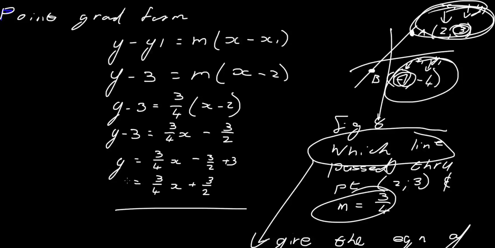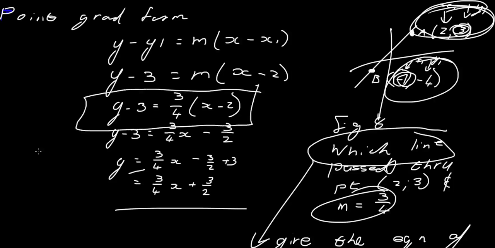You didn't have to write it in point gradient form. You could have rearranged this equation into any of the forms that you like. You could have done the gradient intercept form, which is the one we did. You could have put it in general form. You could have put it in intercept form.